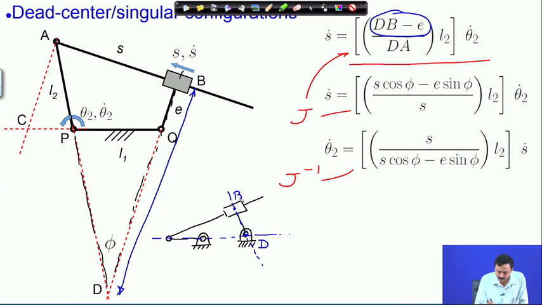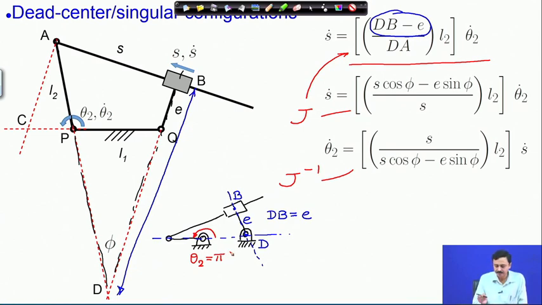This point is B. You can very easily see now that dB is equal to E. So, this is the configuration where the Jacobian vanishes. So, therefore, theta 2 is equal to pi or 180 degree.